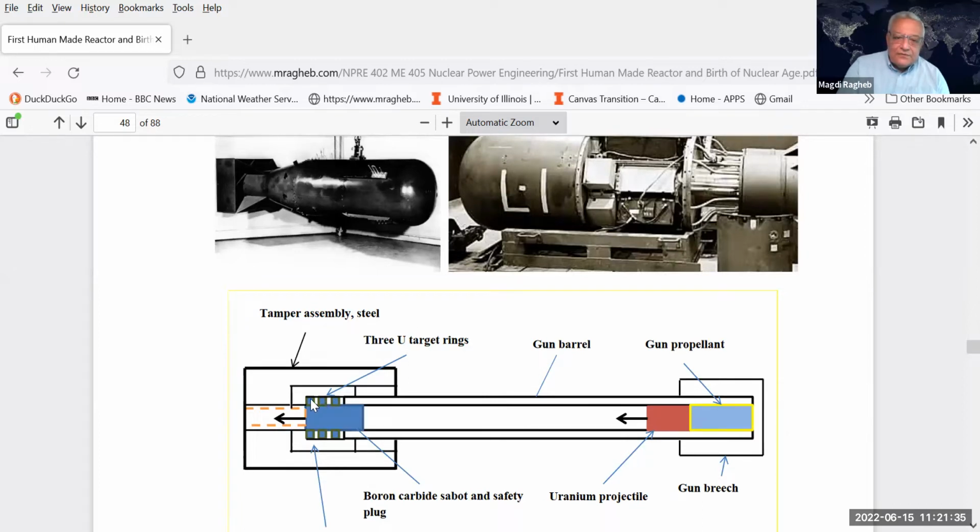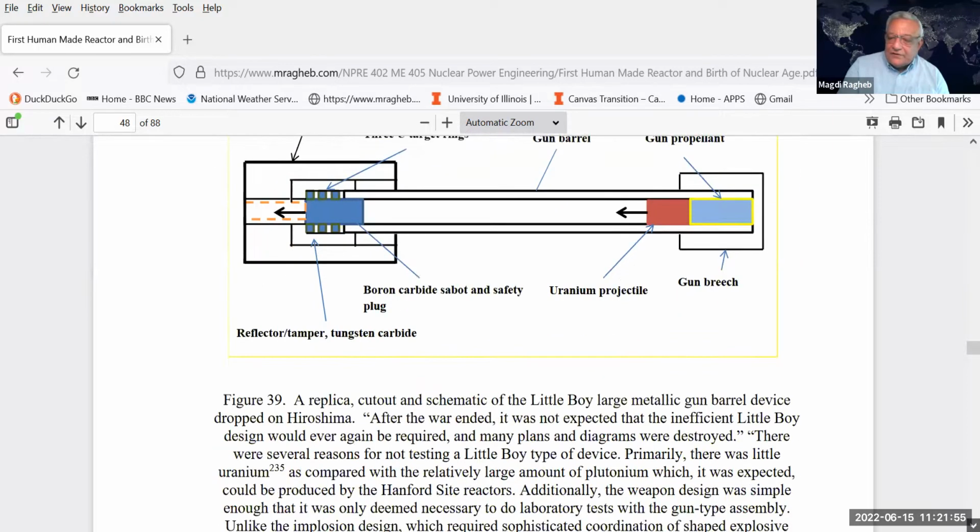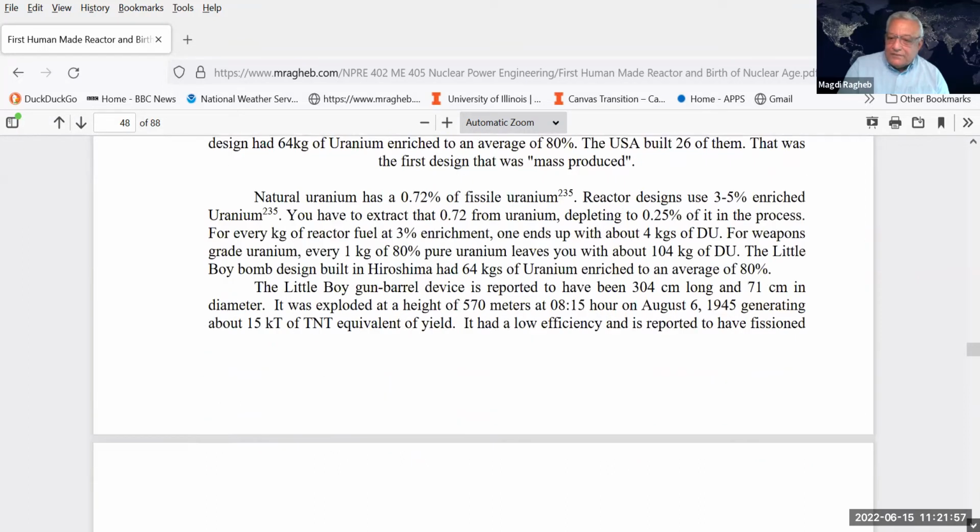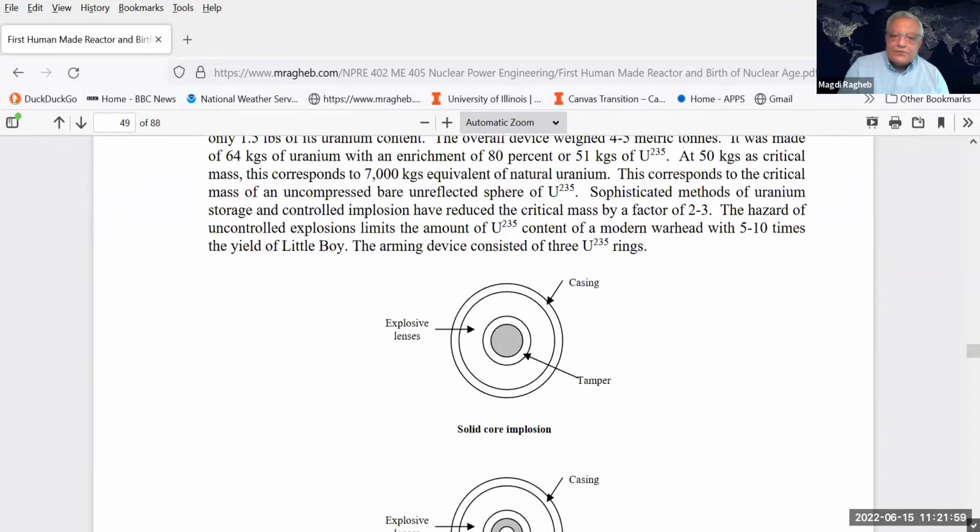Arming it brought them together, and then they had a gun barrel with a gun propellant shooting a uranium projectile into those 3 rings of uranium-235, which made it supercritical. And you could see the shape here is the shape of a gun barrel. In the case of the plutonium device, they could not use the gun barrel concept, so they used the implosion process.